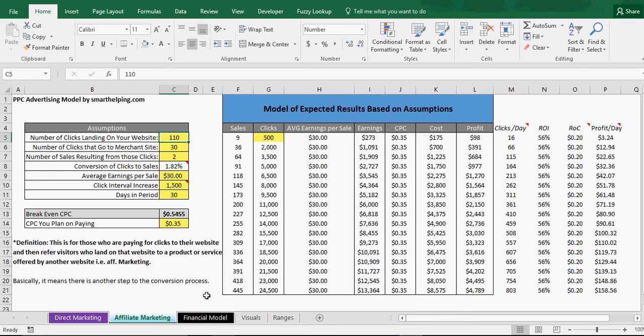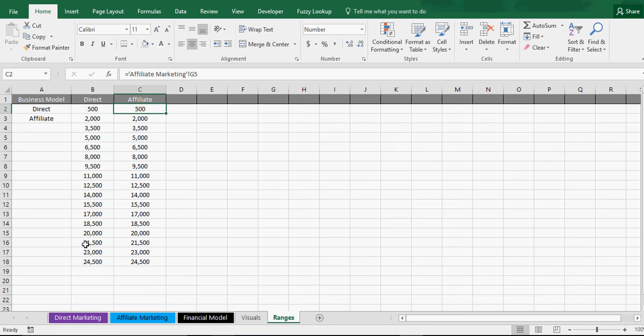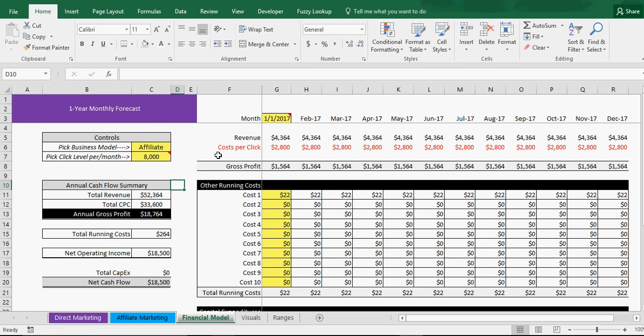And in a year, let's go to our financial model. Now I'm going to show you how to use this. So we're on the affiliate one, and notice if you put direct, this drop-down updates, and if you put affiliate, the numbers re-update based on our named ranges here. And these are dynamic based on whatever's putting the clicks in, whatever your clicks are, and however you build it.